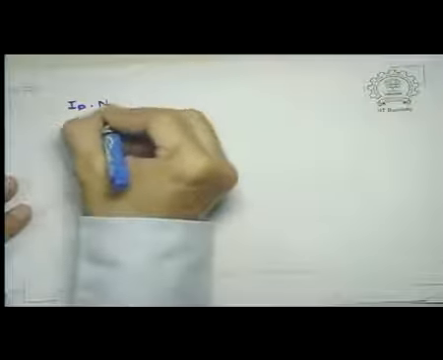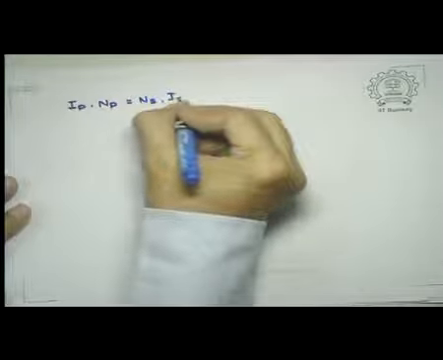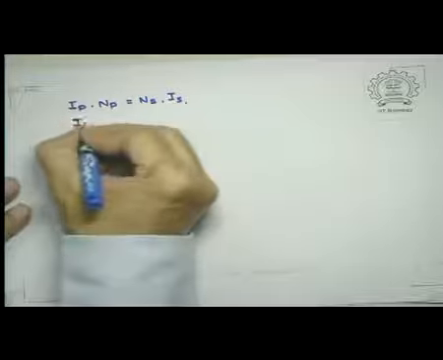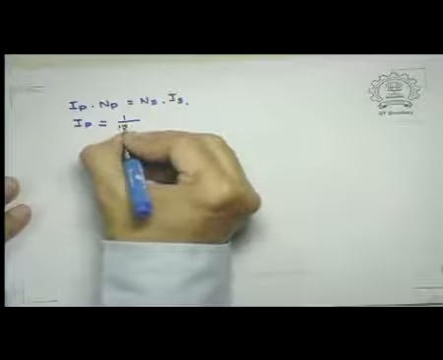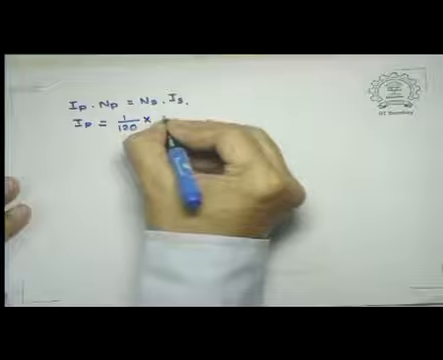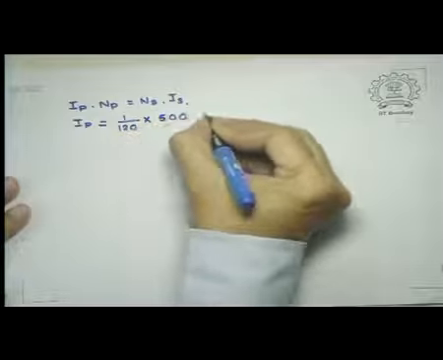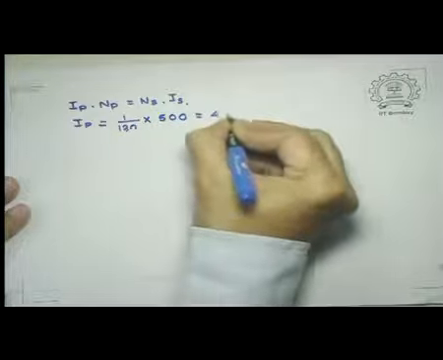So let's calculate now how much current was actually drawn from the primary in that case. Now Ip, which is the current drawn from the primary, times Np, is equal to Ns times Is. And so therefore Ip is Ns by Np, which is 1 by 120, times Is, which we have taken to be 500, and that you can see is a very reasonable value of 4.16 amperes.